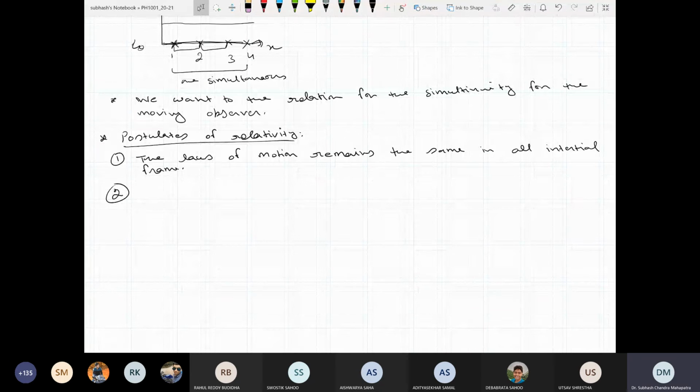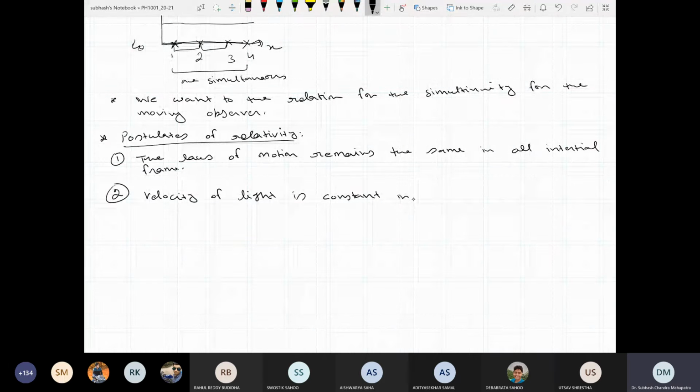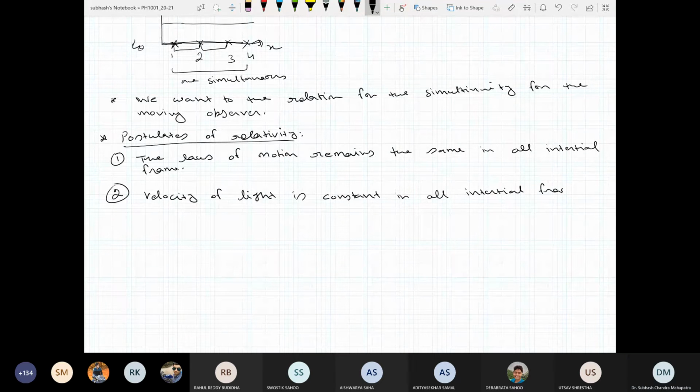What additional thing did Einstein do? He suggested another postulate, and he said that the velocity of light is constant, or the same, in all inertial frames in free space.